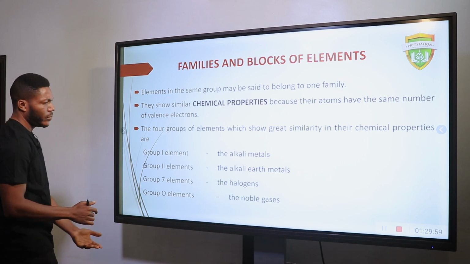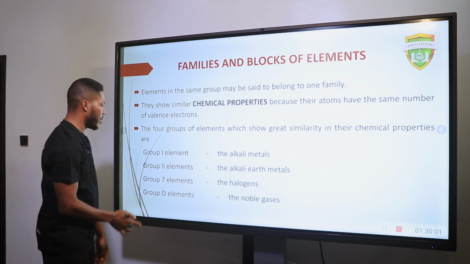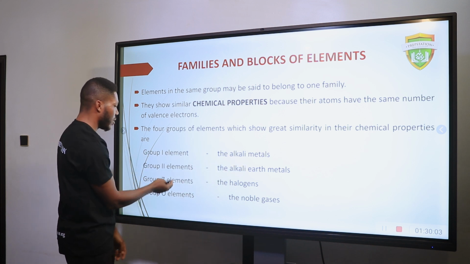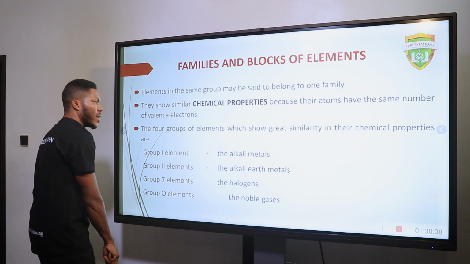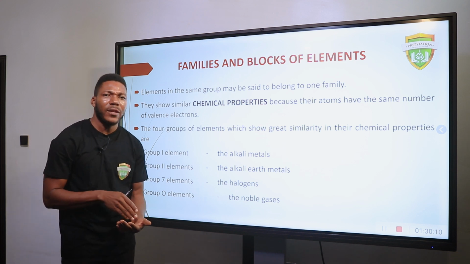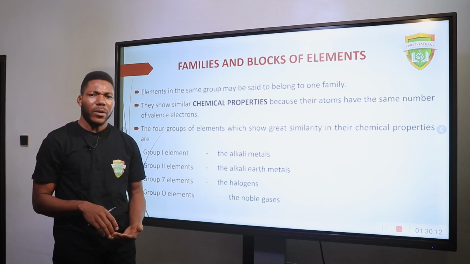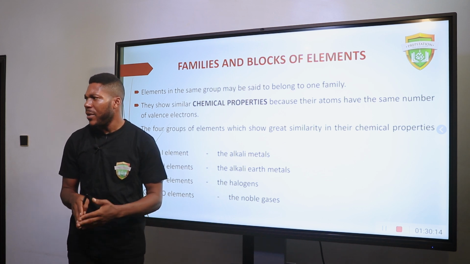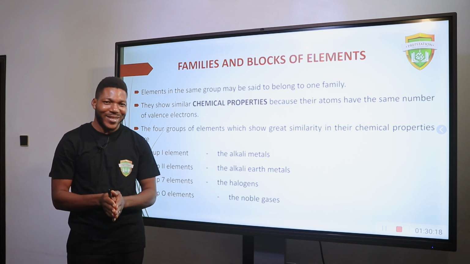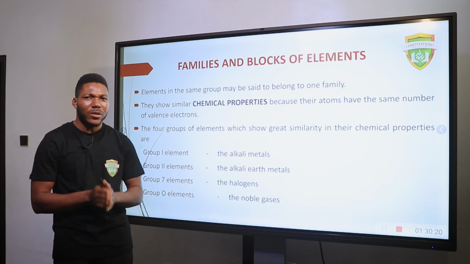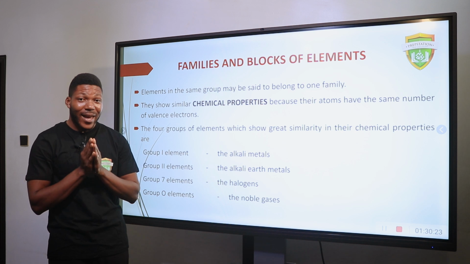I said that before. Group 1, alkali metals. Group 2, alkaline earth metals. Group 7, halogens. Then group 0 are known as the noble gases. Don't forget that elements of the same group have the same chemical properties, because they have the same number of valence electrons.